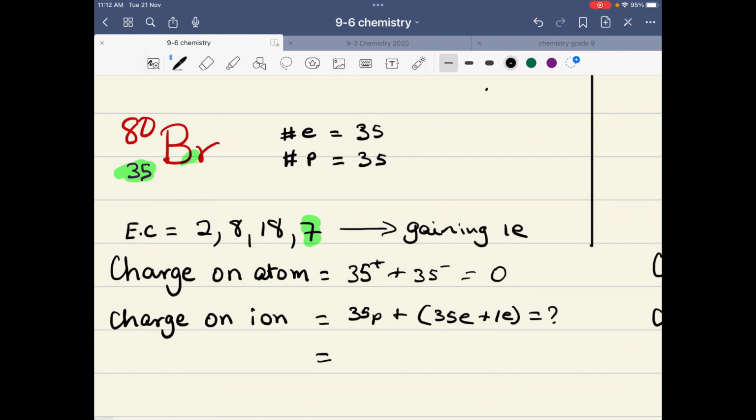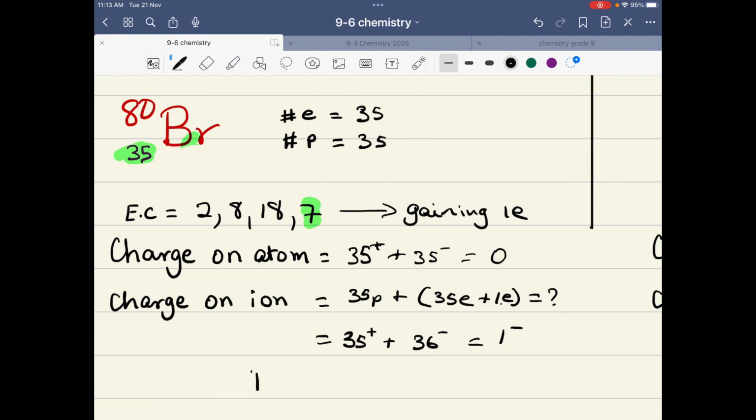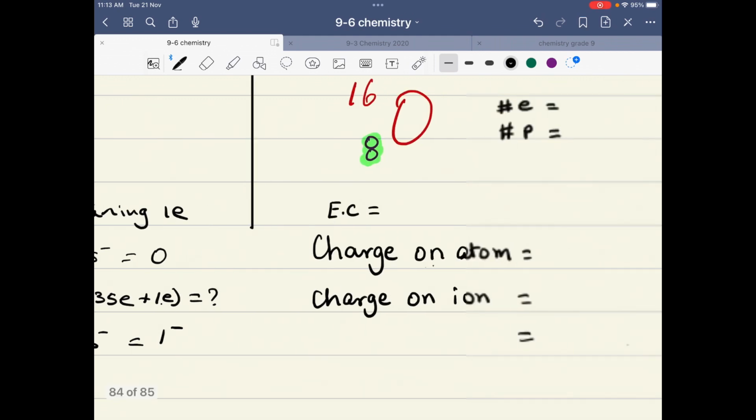In terms of charges, 35 plus added to 36 negative gives you a grand total of 1 negative, because there's more negative than positive in this case. So the overall charge of the bromine ion, which is called bromide, will be 1 minus.